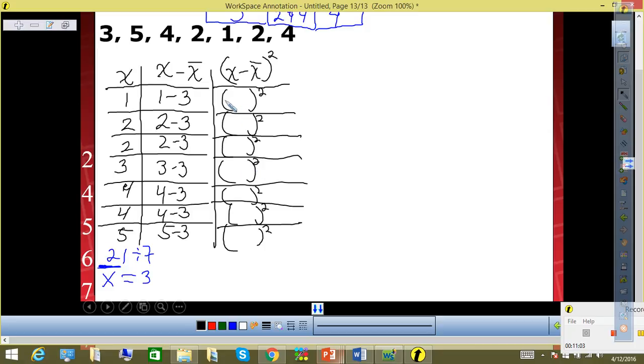What goes here? -2 here. -1, -1, 0, 1, 1, 2. All right? So what is that squared? What do people think? 4. What else? 1, 1, 0, 1, 1, 4. All right. Now check this out.